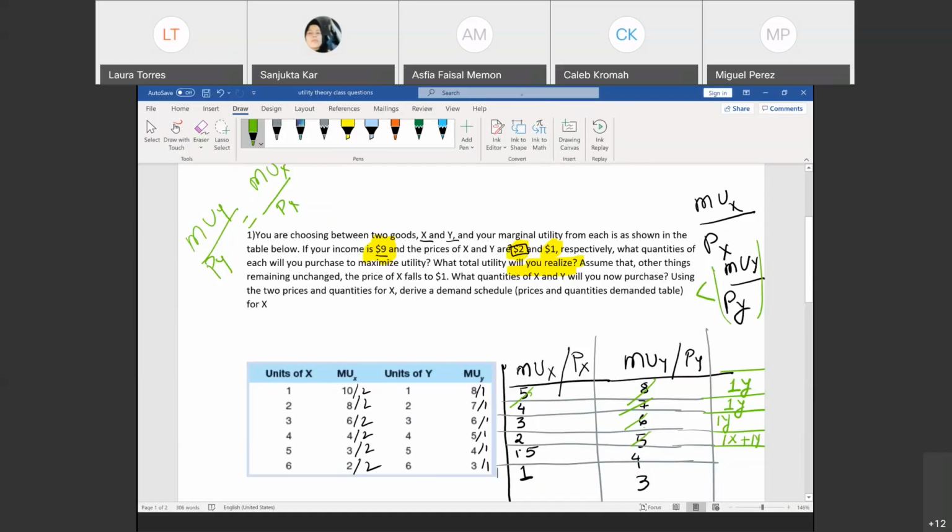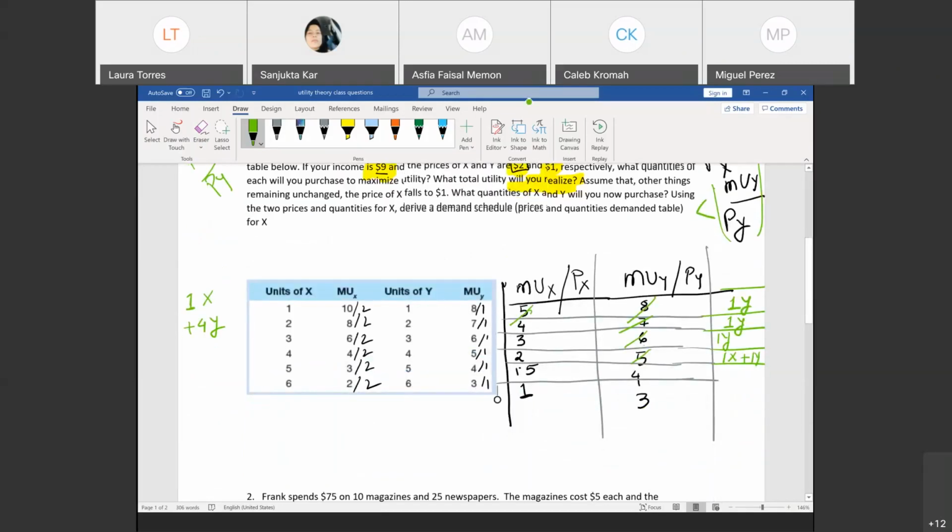Looks like I bought 1 unit of X and 4 units of good Y. So let's see what my total spending so far is.